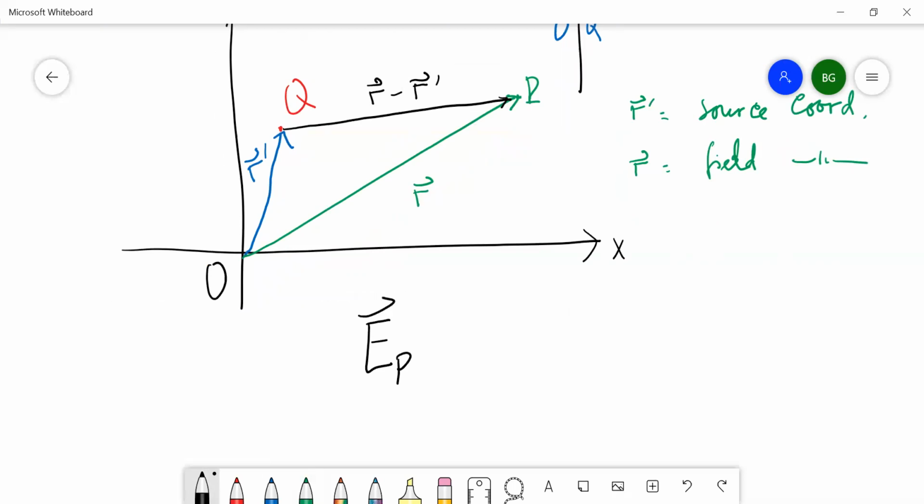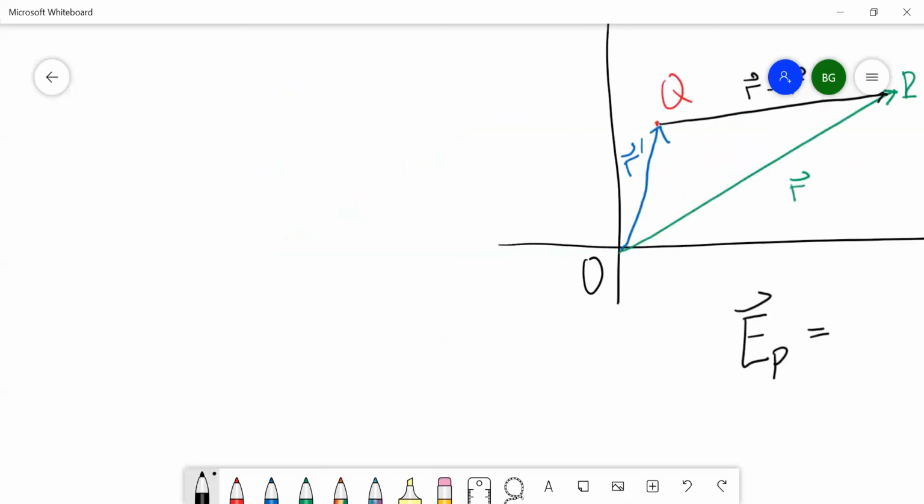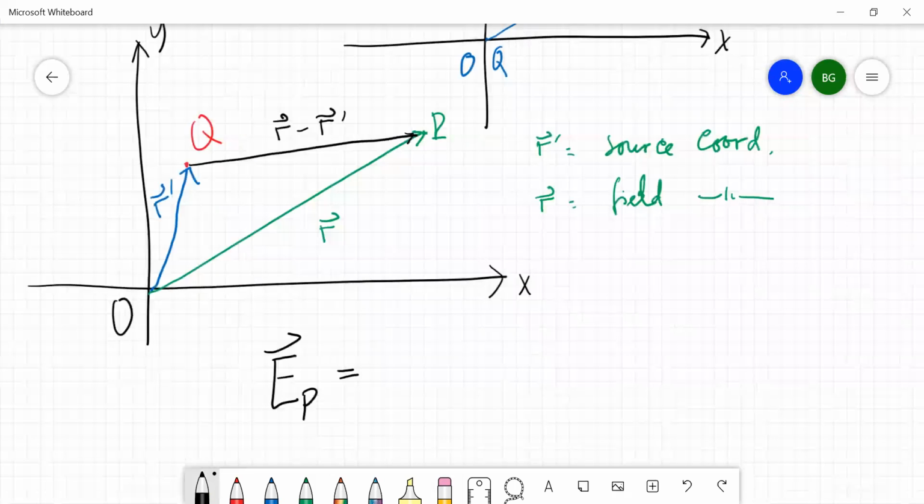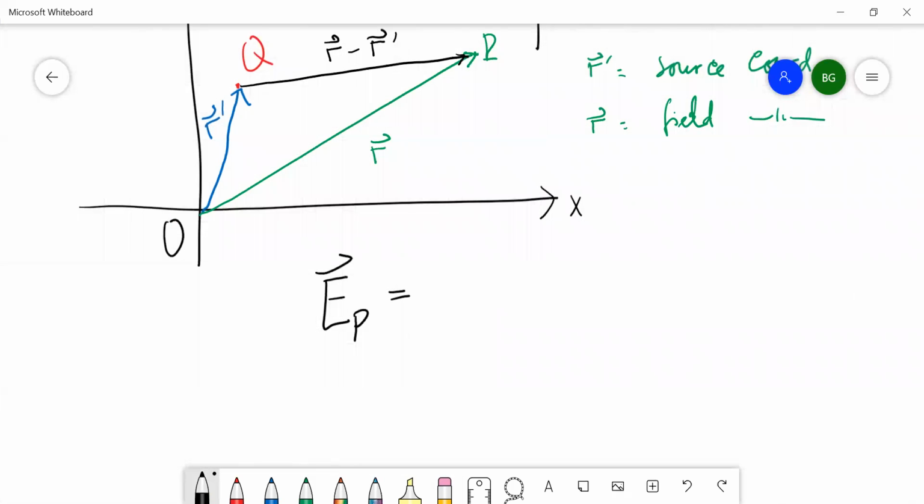So the electric field at the point P is K Q over R minus R prime to the power 3 times this vector.